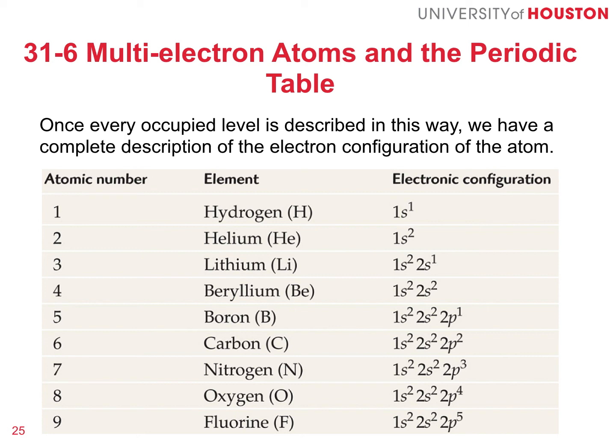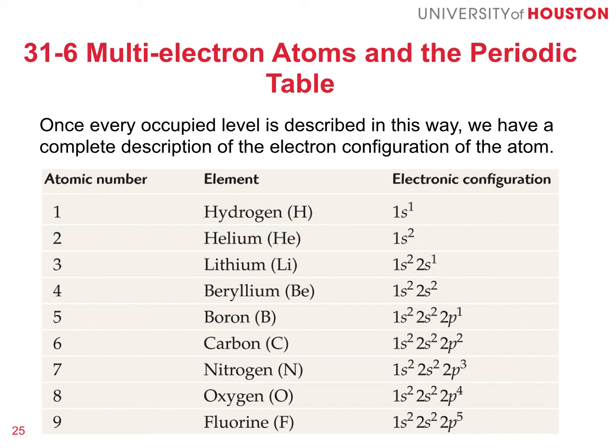For hydrogen, we have a configuration of 1s1. The 1 at the end corresponds to the single electron that's occupied in the subshell 1s. The helium atom has 1s2, and the 2 corresponds to the 2 electrons that occupy the n equals 1 and L equals 0 state.